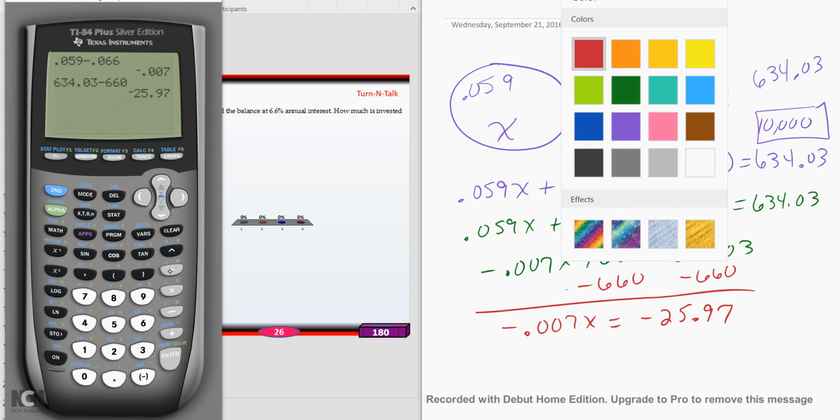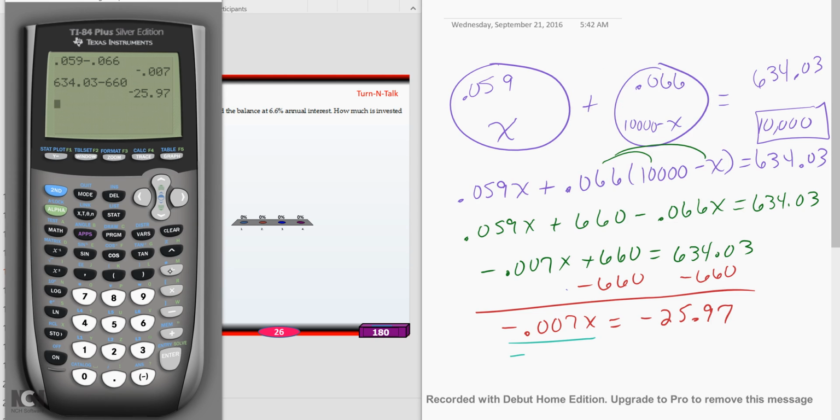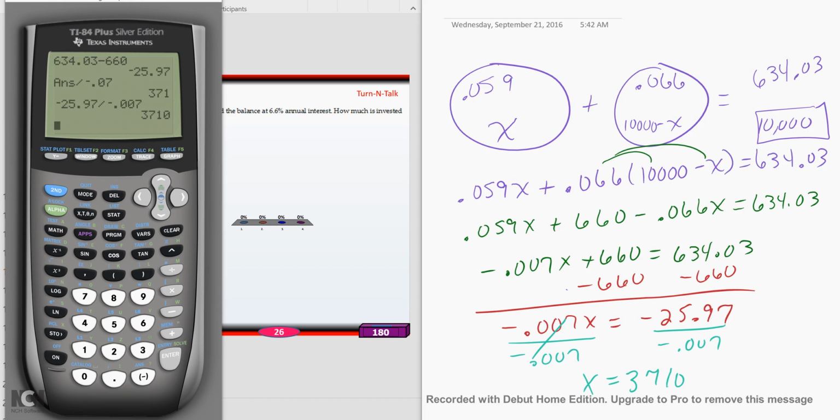I'm going to divide by negative 0.007, and I get x equals negative 25.97 divided by negative 0.007, which gives me x equals $3,710.